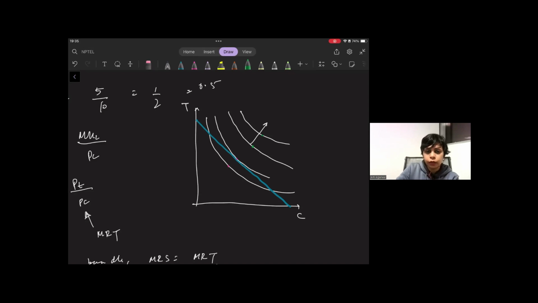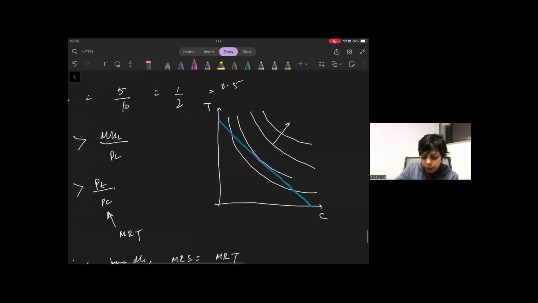I can't afford them. So I will be content with consuming this big pink point, the point of tangency between the budget and the indifference curve. That is the maximum utility I can achieve with my budget, because budget is exogenous to whatever we are doing.